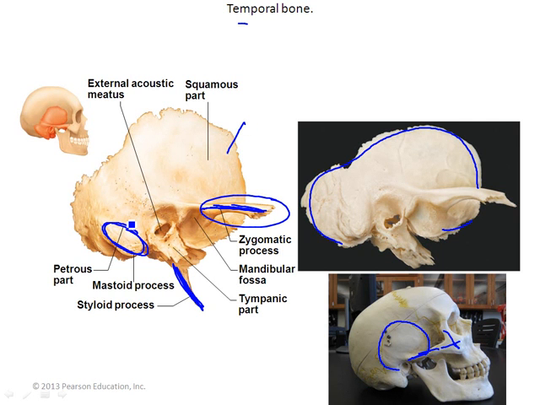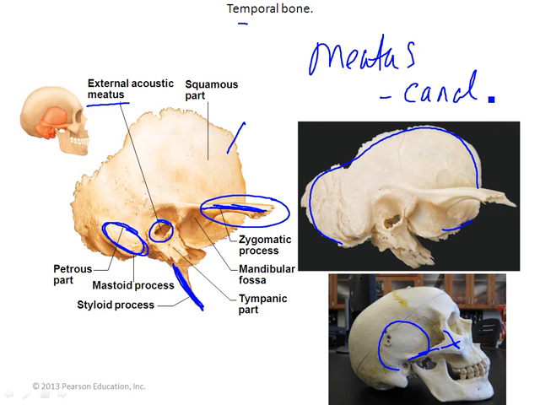And you have several foramina. You also have a hole. There's got to be a way for sound to get inside your skull, so this is called the external auditory meatus. If you see the word meatus, that means canal. Acoustic means sound, so the external ear hole is your external acoustic meatus.